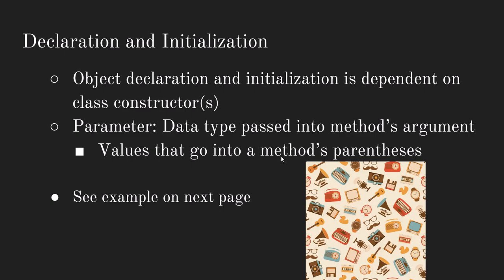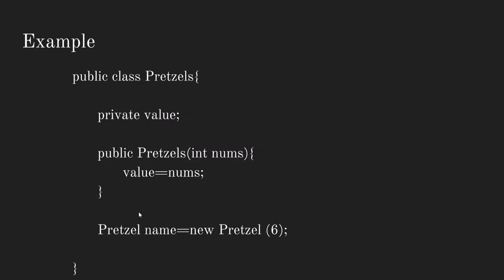So these values that go into the method's parentheses can then be used to initialize the object. To declare an object, in this line you will declare it by having the class name and then putting whatever name you want. I just chose name for simplification purposes.